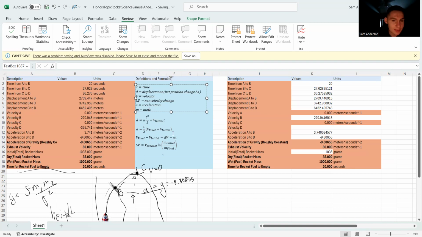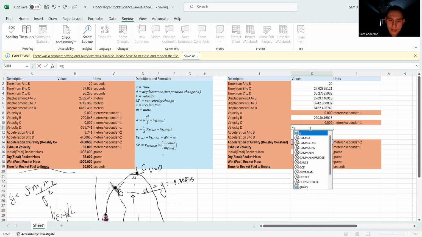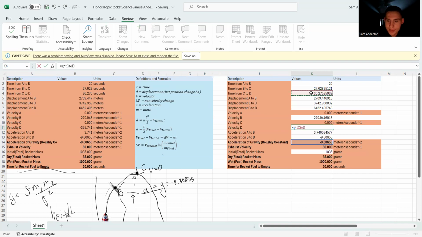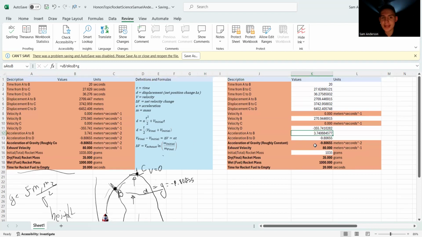So the final velocity is just going to be acceleration times time, and that will be gravity times time. We said time from C to D, it's 36 seconds, and we get negative 355. Is that proper? It matches. Looks good.